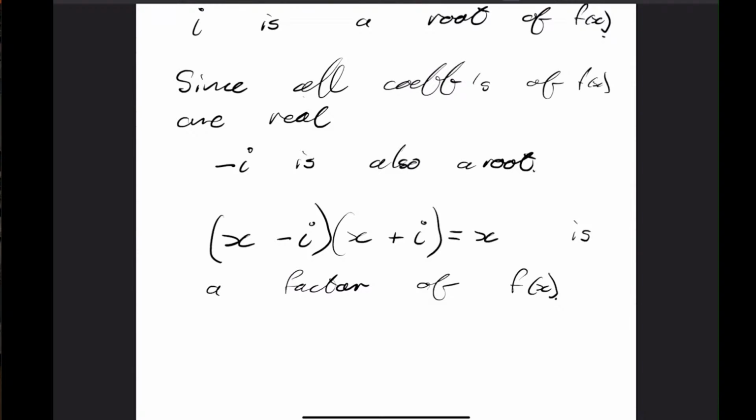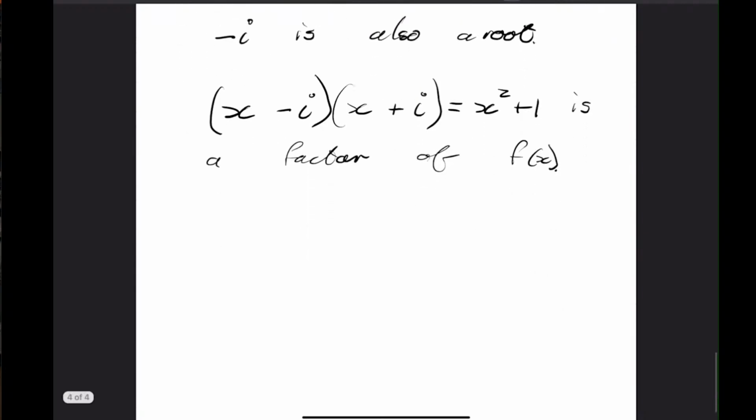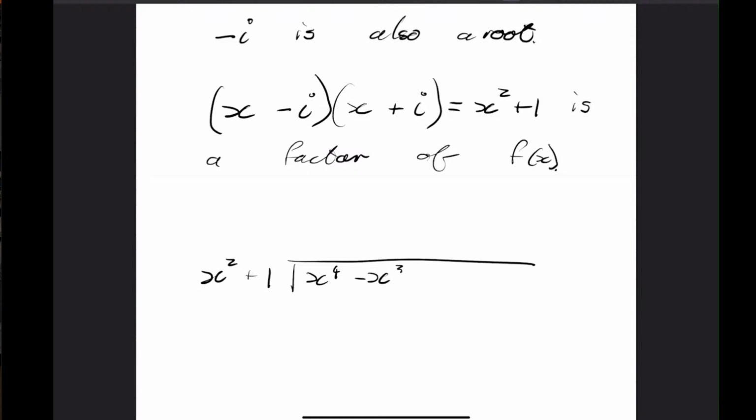This is x squared plus 1. So what we will do now is divide our polynomial f of x, that is x to the 4th minus x to the 3 minus 5x squared minus x minus 6, by x squared plus 1.